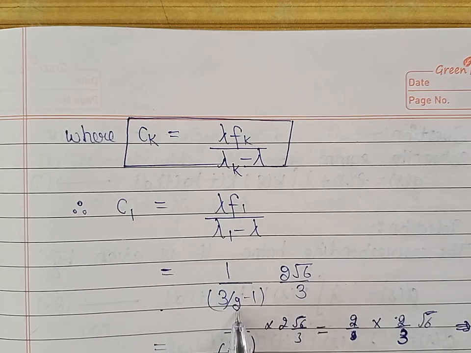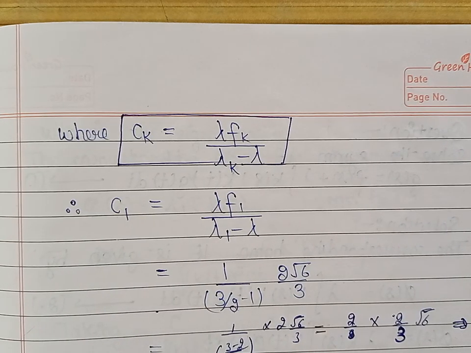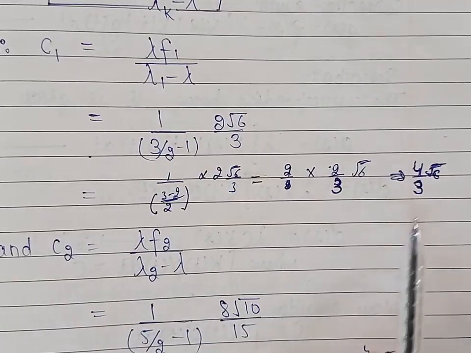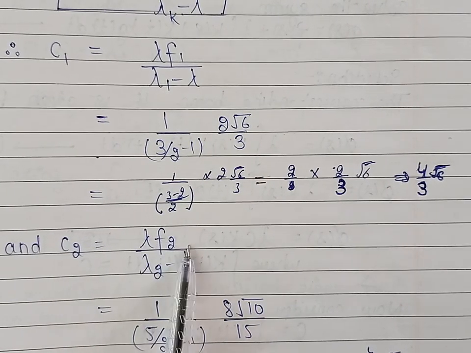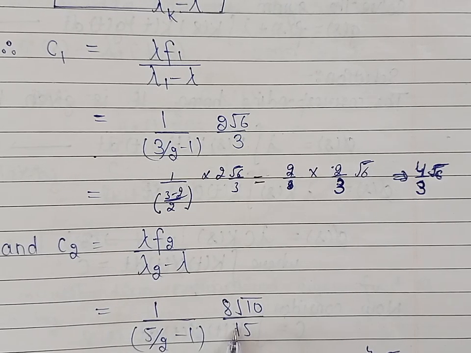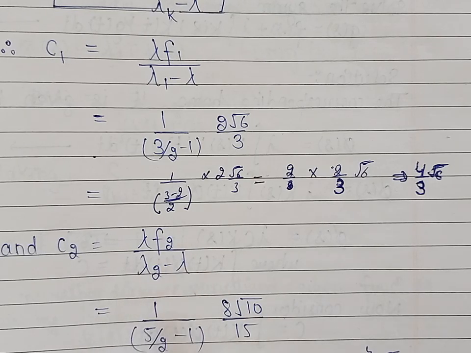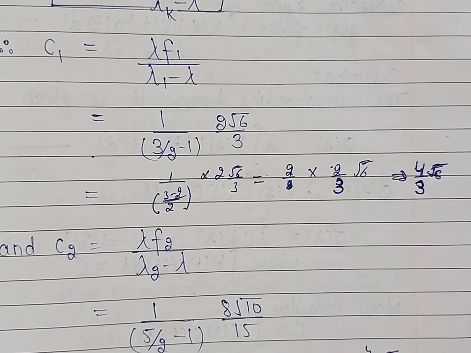Substituting the values, we get c1 as 4 upon 3 into root 6. Now c2 is lambda f2 upon lambda 2 minus lambda. Substituting all the values, we get c2, which is 16 root 10 by 45.